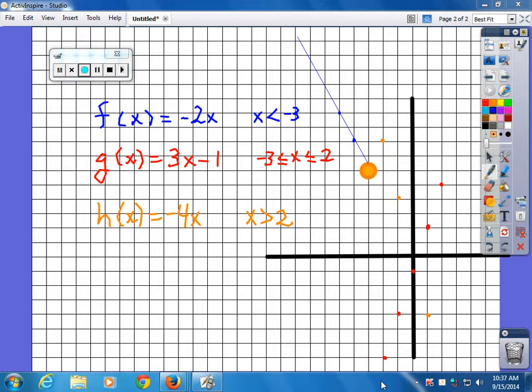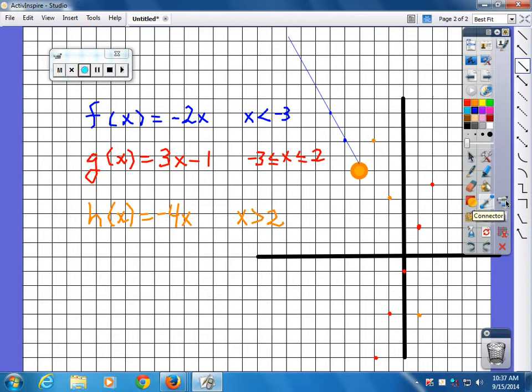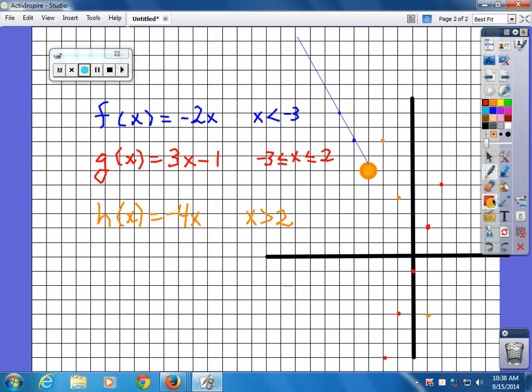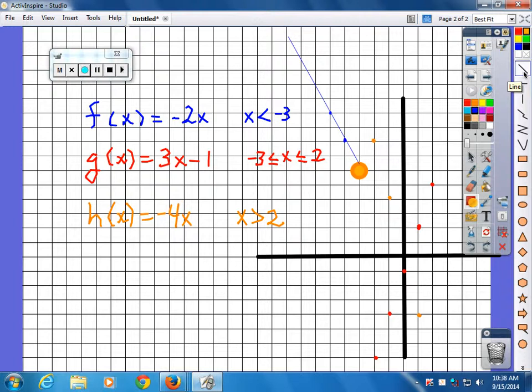We got a line from -3 to +2, and it's red, and it goes all the way down. There is a closed circle down here and a closed circle right here.